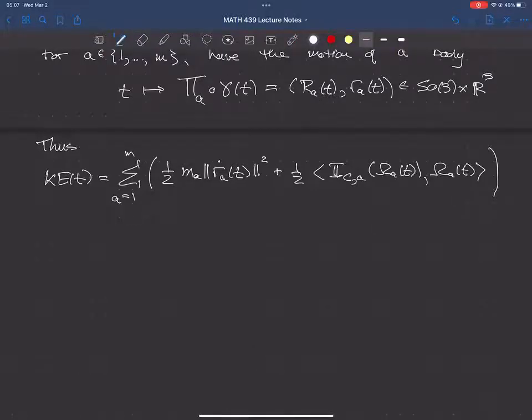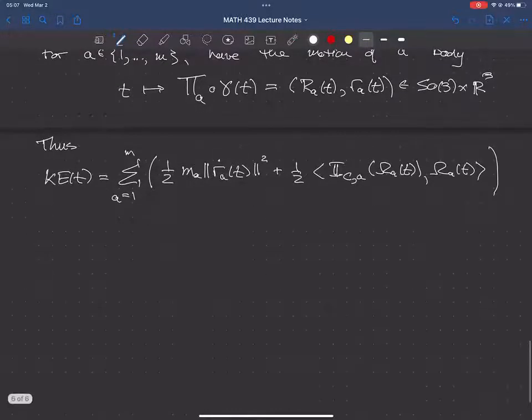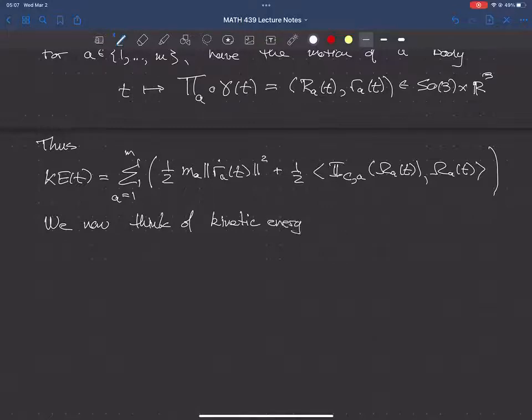But let's be a little more precise about that. We now think of kinetic energy as a function of position and velocity. And what does that mean? That means it's a function on TQ.